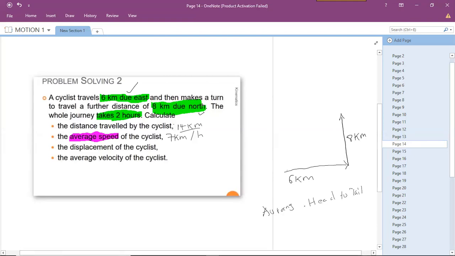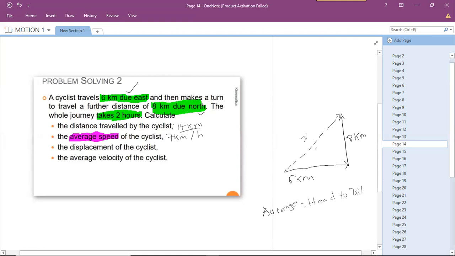So we arrange the vectors from head to tail, but the resultant vector, remember I said, starts from the tail of the first vector going to the head of the second vector. That's the resultant that we're going to find.